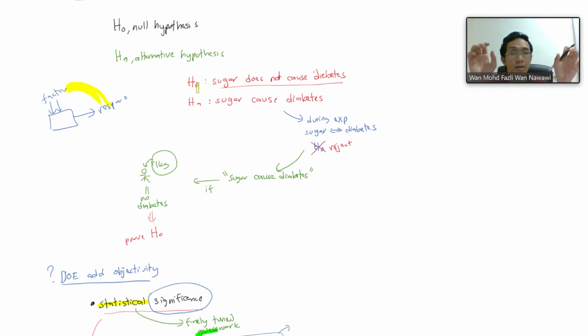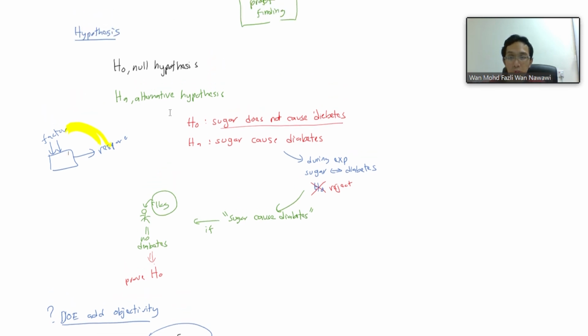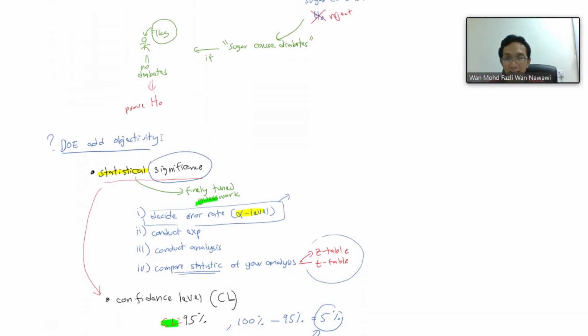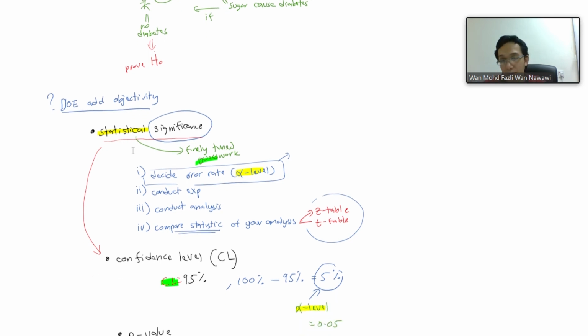That's what it means. The null hypothesis says there is no correlation and no causation between factor and response. So when you put the data into the statistical analysis software, they want to see whether to accept or reject this null hypothesis. So you can see, statistics adds objectivity to your result.